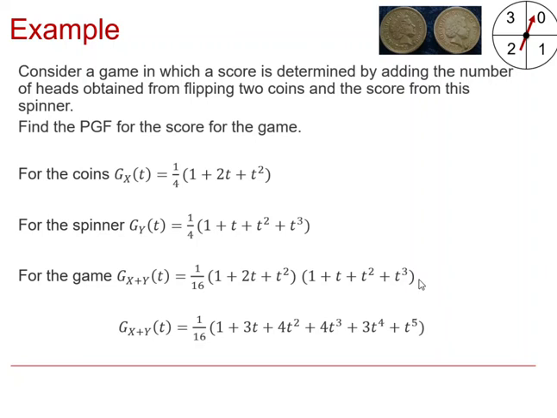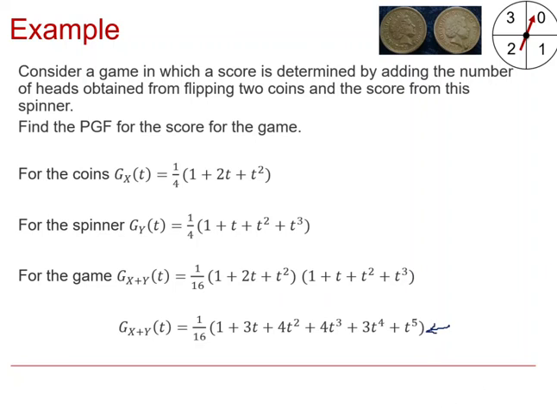And this is written out for you on this line, where the quarters are multiplied together to give you 1/16 at the front of the expression, and then we have the two functions in terms of t multiplied together, which then gives us our generating function for x plus y.